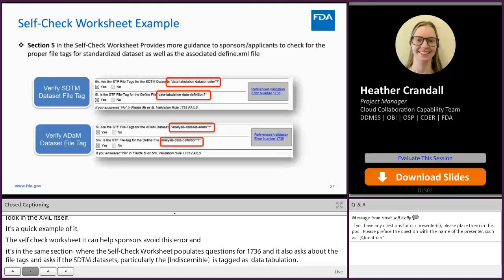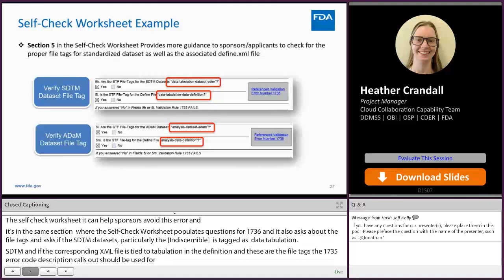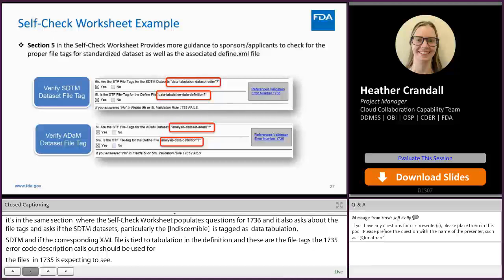Also for ADaM datasets, the self-check worksheet is asking if those datasets, particularly the adsl.xpt, are tagged with analysis dataset ADaM, and if that corresponding define.xml file is tagged as analysis data definition.